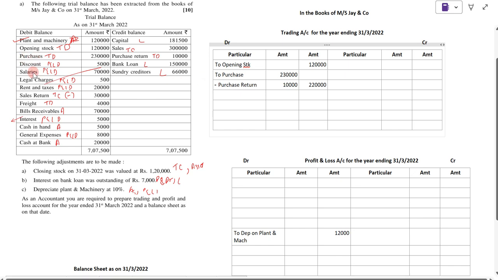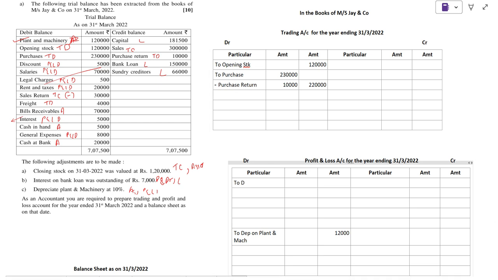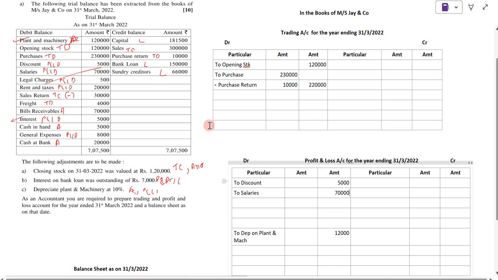Okay. Now next, discount 5,000, profit and loss account, debit side, to discount 5,000. Then salaries 70,000, profit and loss account, debit side, 70,000.